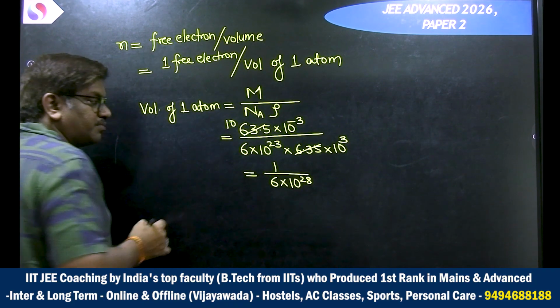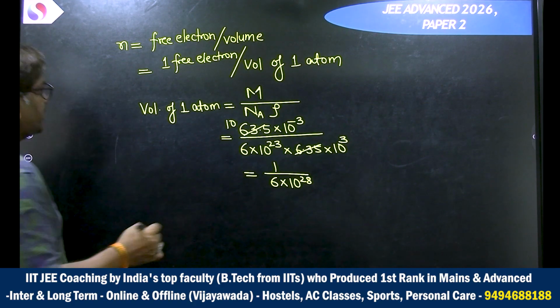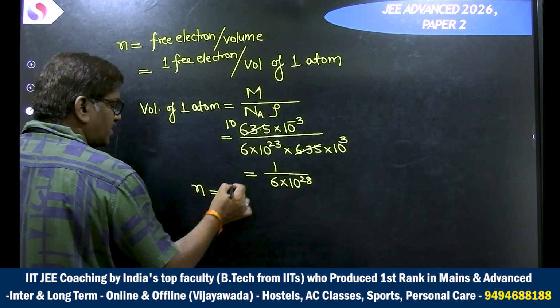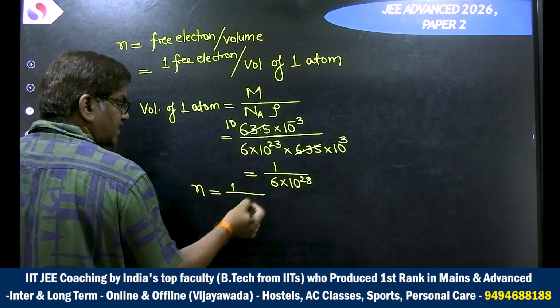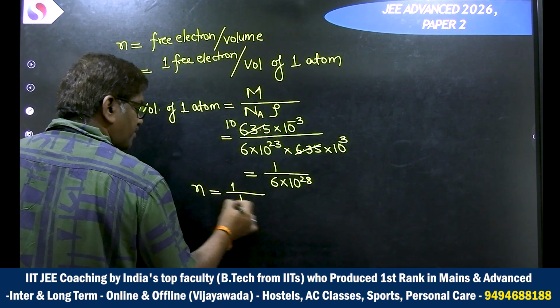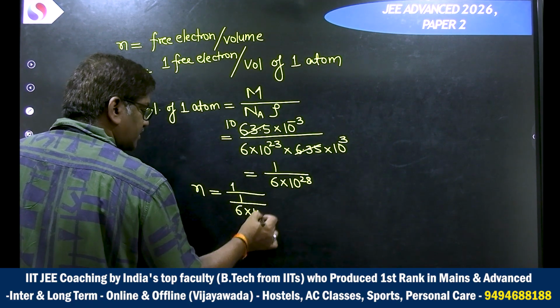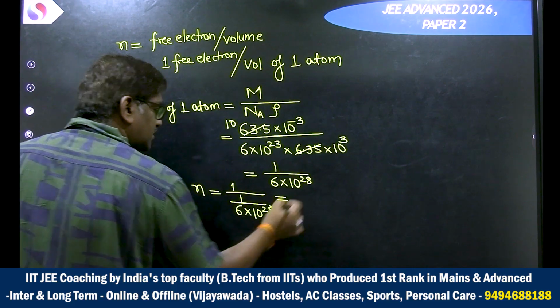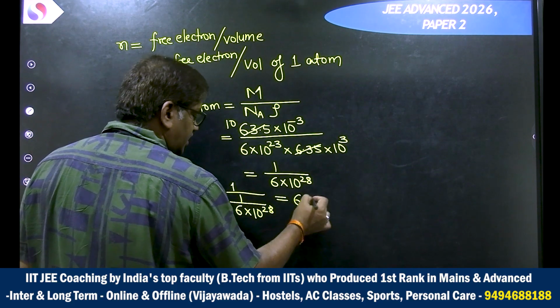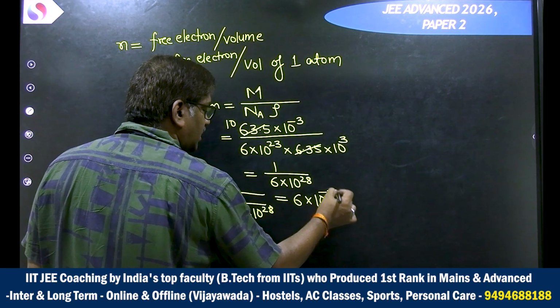That will be the volume of one atom, which means the value of small n, which is one free electron per unit volume, will be 1 upon 6 into 10 to the power 28, meaning the n value will be 6 into 10 to the power minus 28.